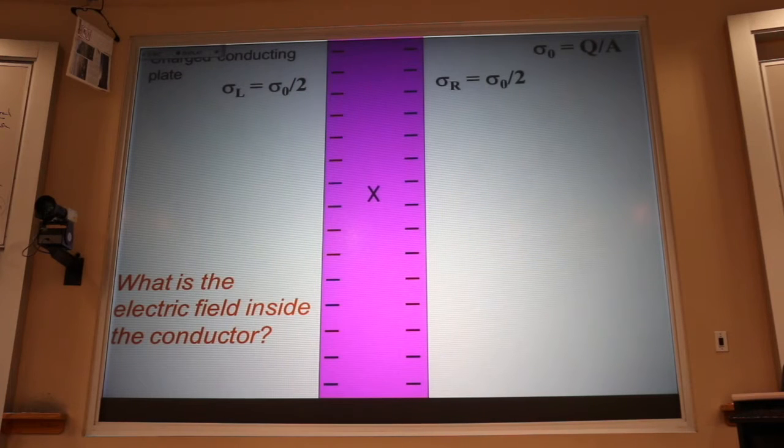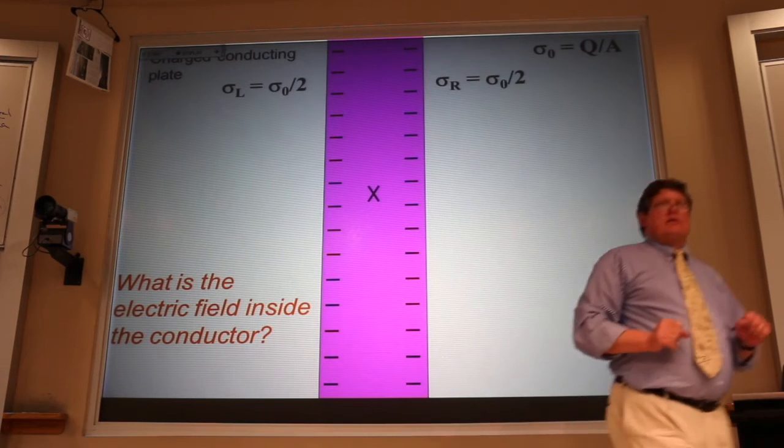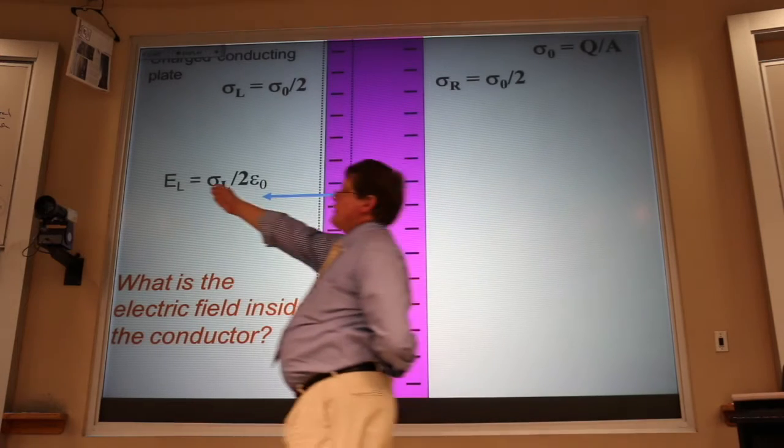Now if I look at the total electric field inside the metal, and it doesn't matter where I look inside the metal, I picked a location dead center, but it wouldn't have to be. I have two contributions. I have a contribution due to this negative sheet that is to the left, towards the negative. And the size of that is given by this formula for a single sheet of charge.